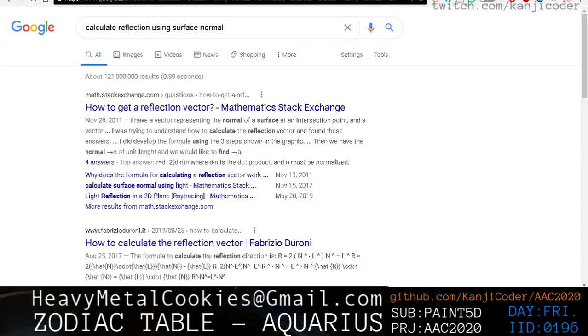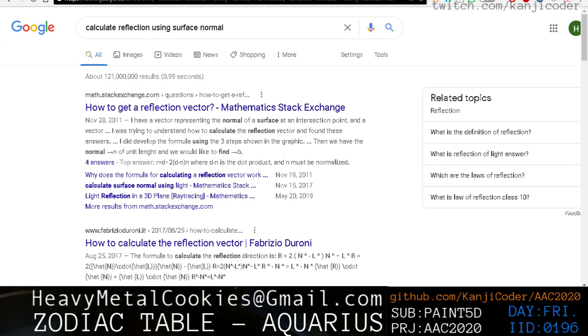So I want to calculate the reflection using surface normal. Calculate reflection using surface normal. I really don't want to make it this complicated, but if we can figure that out, then we're good, right?